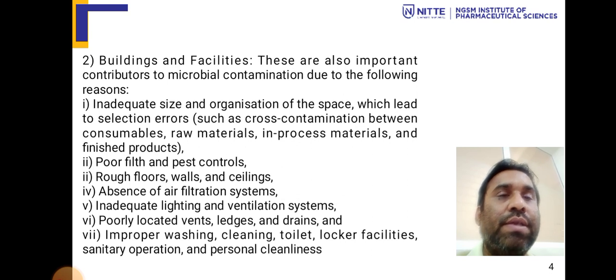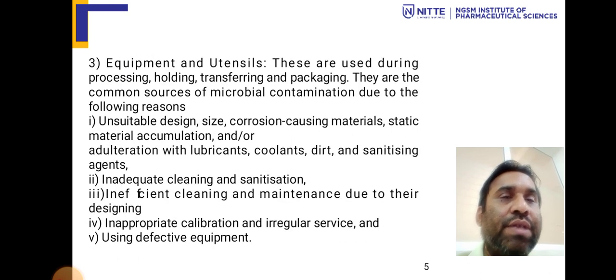The reason behind this is inadequate size and organization of the space, which leads to selection errors such as cross contamination between raw material, consumables, in-process material and finished products, poor filters and pest control, rough floors, walls and ceilings, absence of an air filtration system, inadequate lighting and ventilating system, poorly located vents, ledges and drains, improper washing, cleaning, toilet and locker facility, and sanitary and personal hygiene, personal cleanliness which is not maintained. It all comes under the buildings and facilities that have been used.